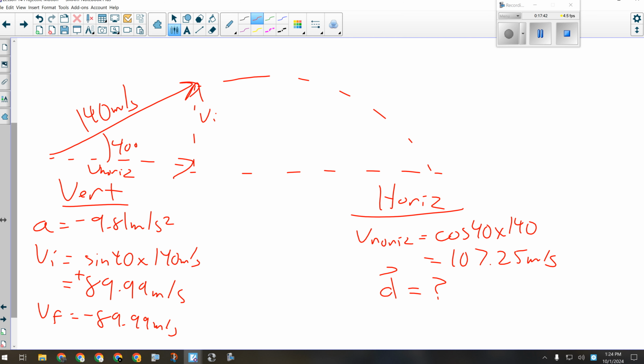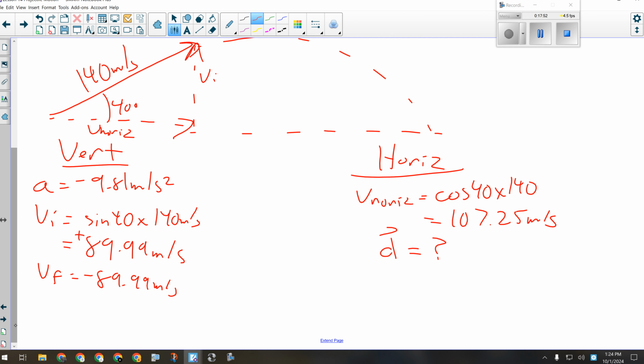What do I need for that? I need the time. I can find that with my vertical information. So T is going to be VF minus VI over A. So that'll be negative 89 minus 89, obviously with all the decimals in there, divided by negative 9.81.